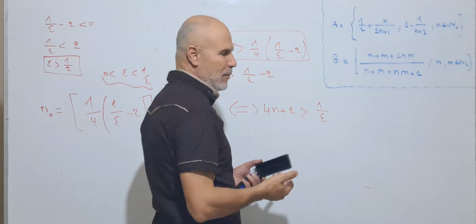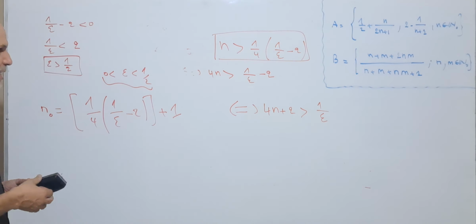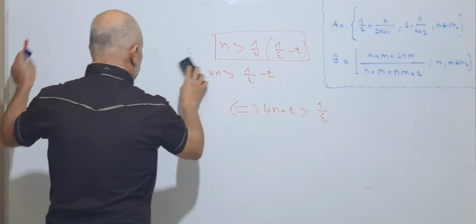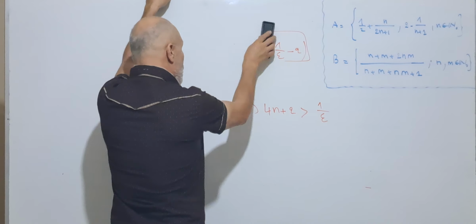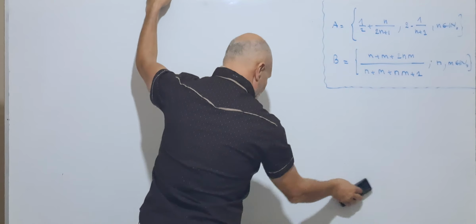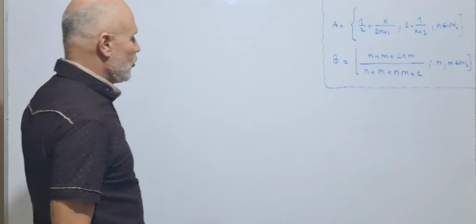For the infimum, we take the minimum between the infimum of the first and the infimum of the second. This is the way. I cannot give more details, to keep the video from being very long.